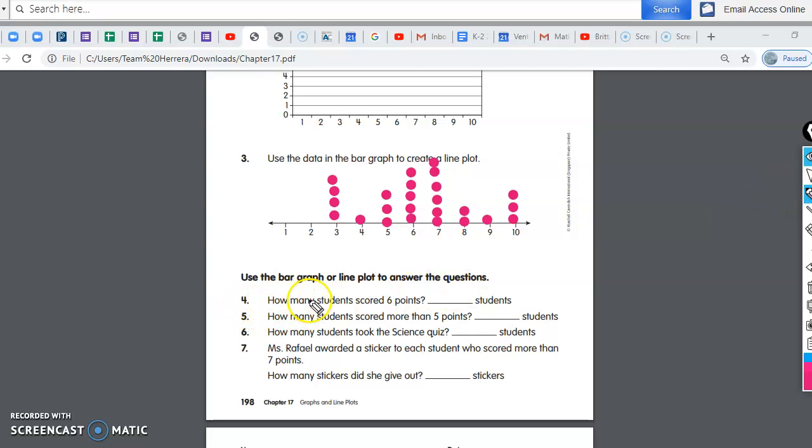All right, number 4, how many students scored 6 points? Okay, so we can look here, 1, 2, 3, 4, 5 students. How many students scored more than 5 points?